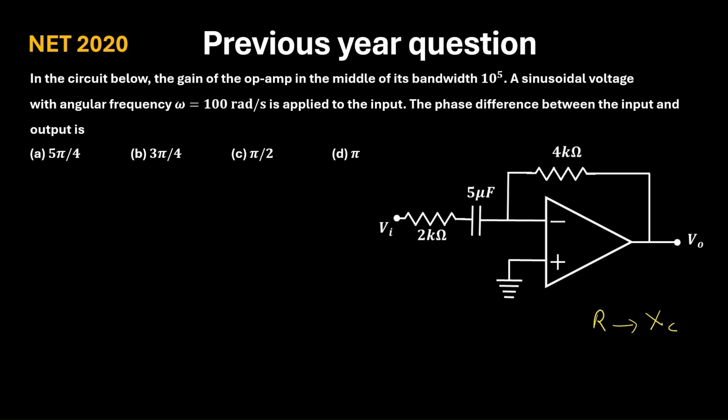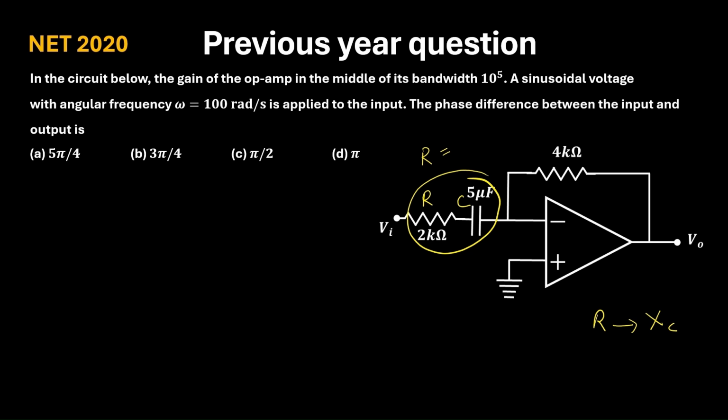Now, in this circuit, here the resistor, I will call this as R and I will call this as C. Now, these two are in series. So, the effective impedance of these two will play the role of R1.